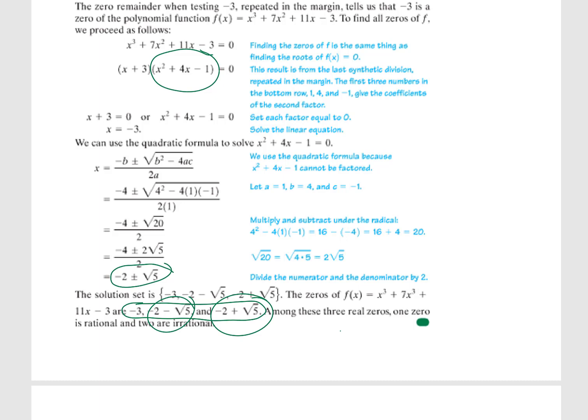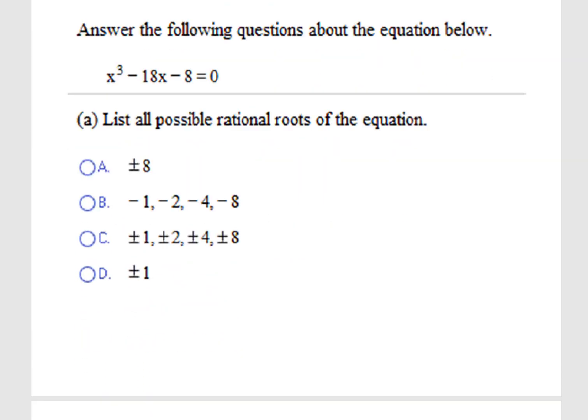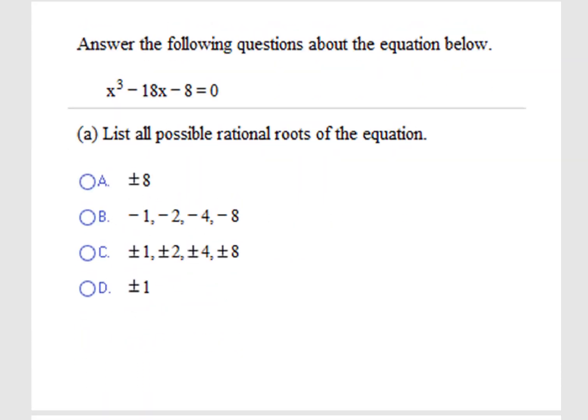Okay, let's try it. Okay, they want us to list all possible rational roots of the equation. I'm going to take my constant, go ahead and write down all my possible roots, factors, ±1, ±2, ±4, ±8.